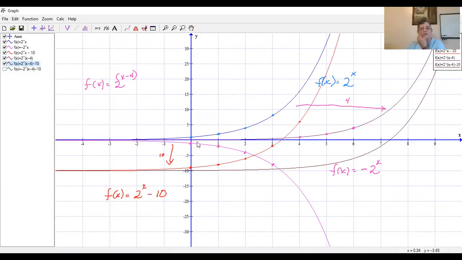There it is. Now remember that these are a unit of 10 along the y-axis. So the graph of f of x equals 2 to the x minus 4, minus 10 takes this graph and drops everything down 10 units.